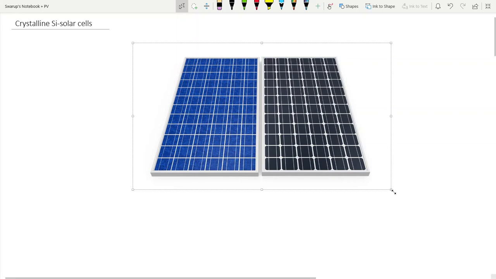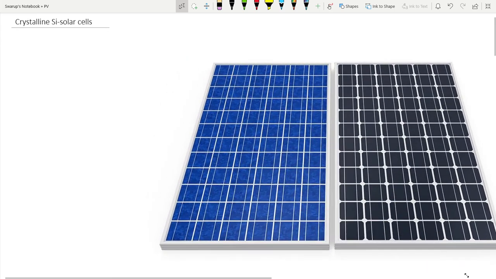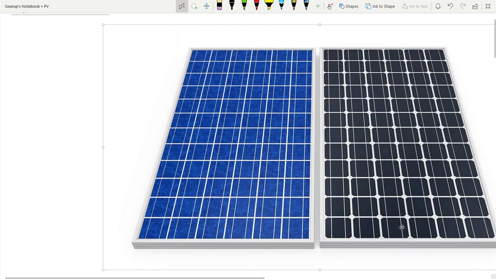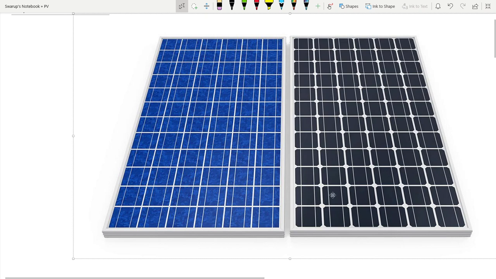If you look carefully, zoom a little bit more. Sir, the construction of the individual solar cells in the panel looks different. Okay, individual solar cell construction looks different.